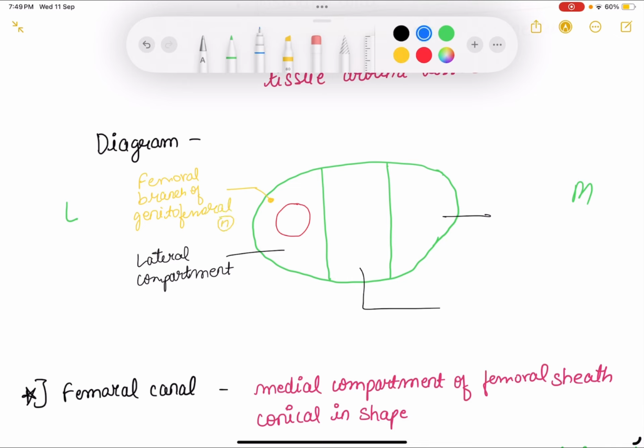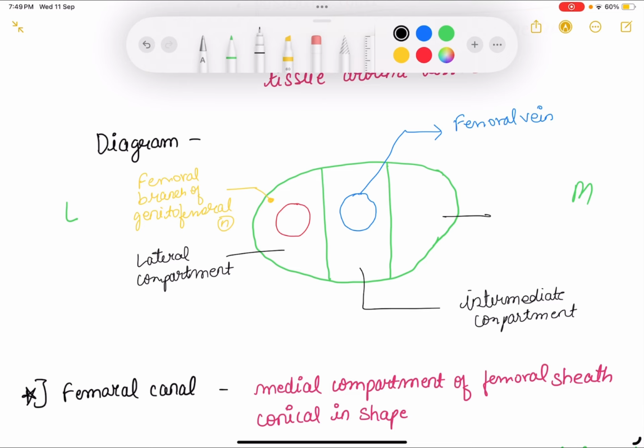In the intermediate compartment, we have the femoral vein. This is the intermediate compartment whose content is the femoral vein.